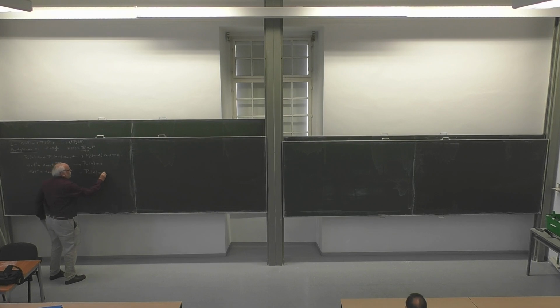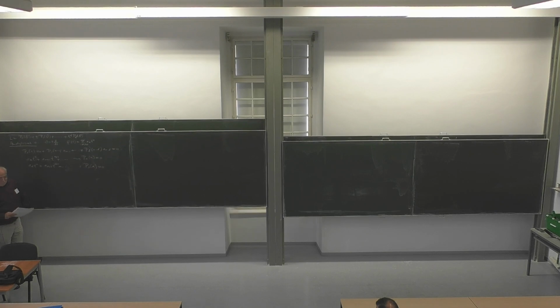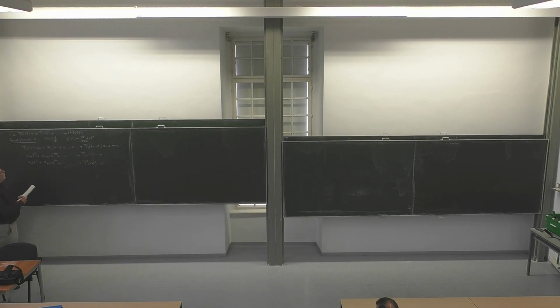It means that this alpha, the exponent of the first term, must be a root of the polynomial P0. That's why this polynomial P0 is called the indicial equation. And the roots of the indicial equation are the starting points of such series. Maybe this was not explained clearly enough.